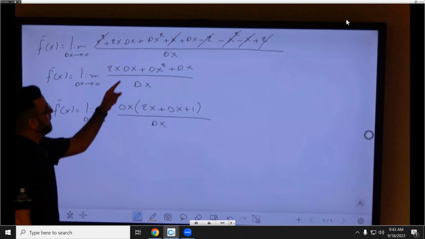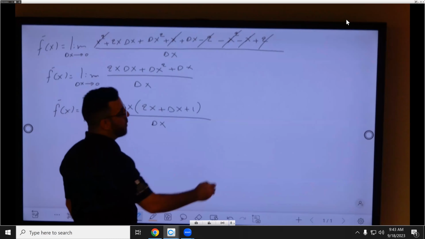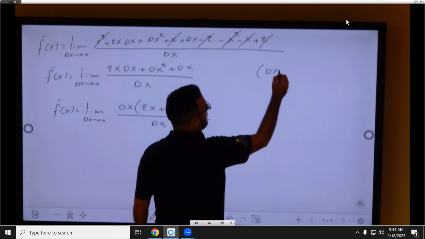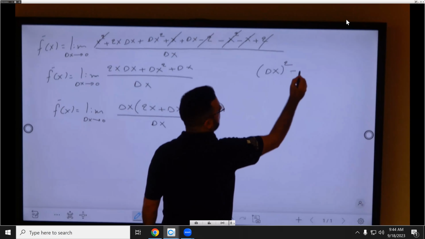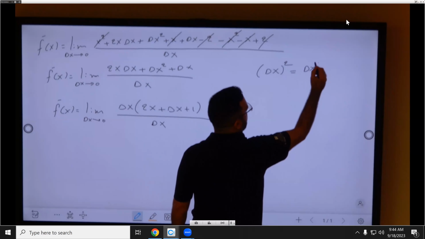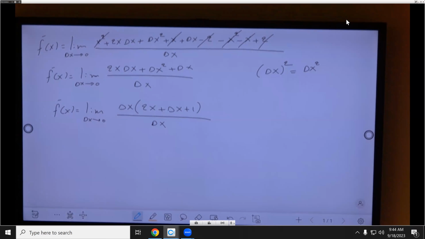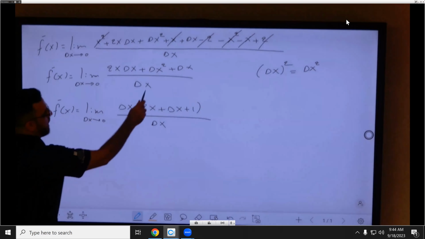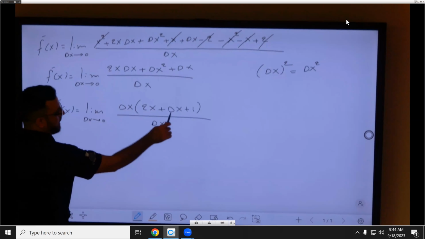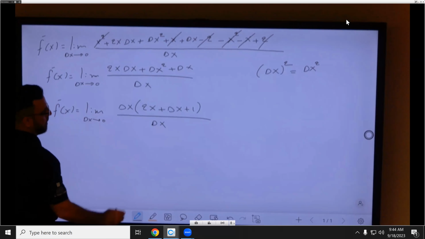And be careful. Delta x squared is the same thing, delta x squared, not just the x. That's why we took one out, the left here is delta x. Cancel these.